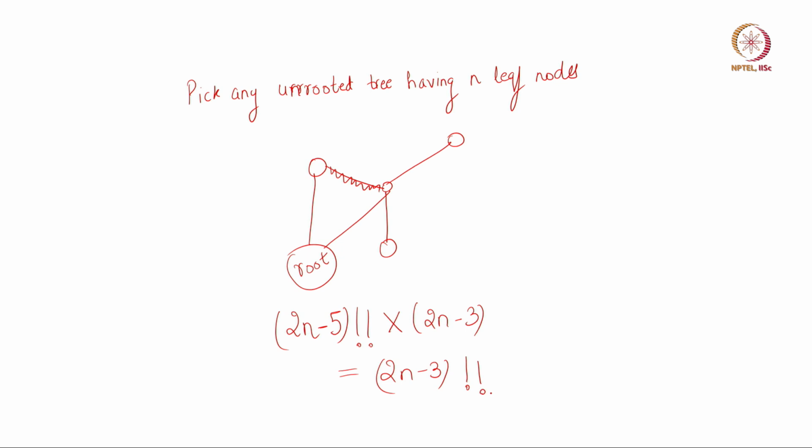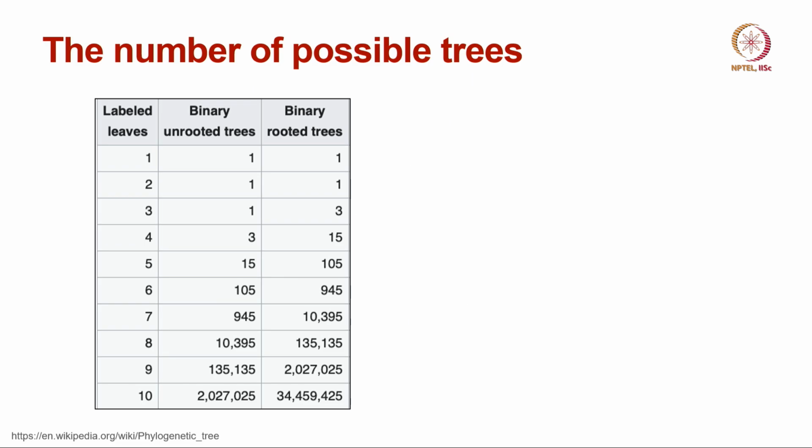So this is how many rooted trees you can build out of n leaf nodes. If we apply this formula and calculate how fast the number of possible trees grows, you can easily see that this number is quickly growing.